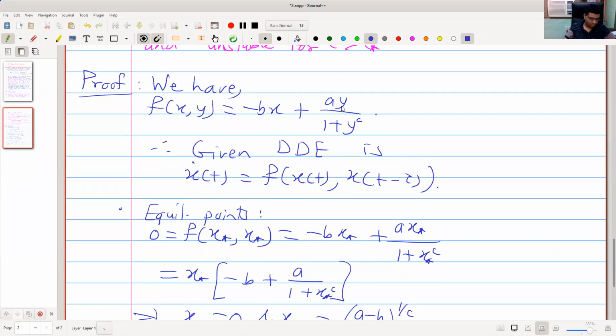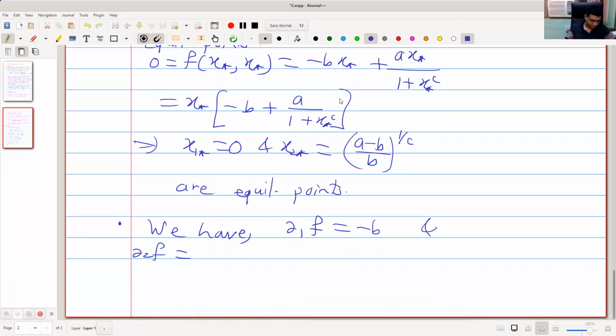If we simplify, then we get a into (1 plus y raised to c minus c into y raised to c) divided by (1 plus y raised to c) square.